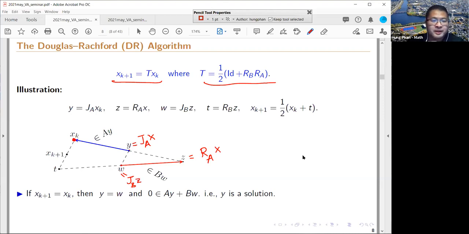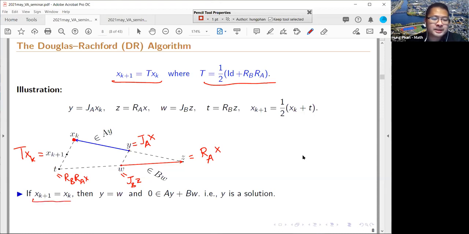After that, we take a reflection, which will be RB RA x. But we're not done yet. Then we take the average, so x_{k+1} will be T x_k, the average of x_k and that point. When we keep iterating, the hope is that the method will stabilize at some fixed point.